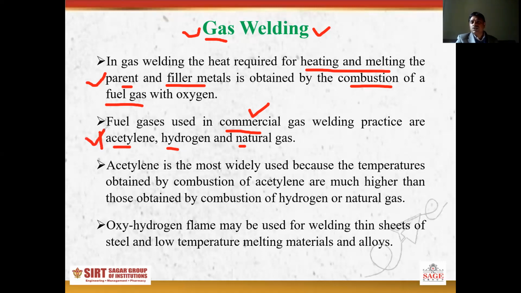Why is it widely used? Because acetylene gas provides the highest temperature when it is burned. The temperature obtained by the combustion of acetylene is much higher than the other gases, meaning hydrogen and natural gases.